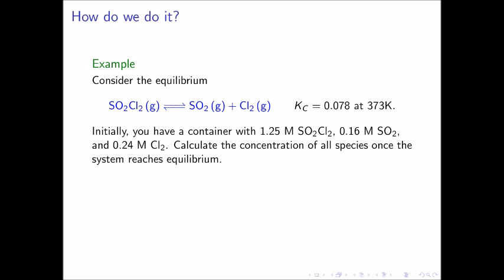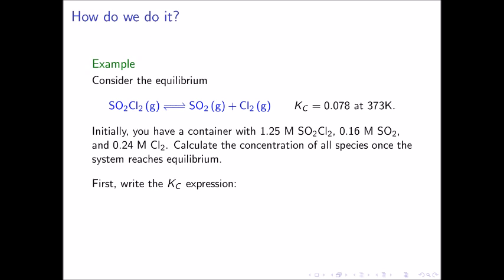Initially, you have a container with 1.25 molar sulfuryl chloride, 0.16 molar SO2, and 0.24 molar chlorine. Calculate the concentration of all species once the system reaches equilibrium.